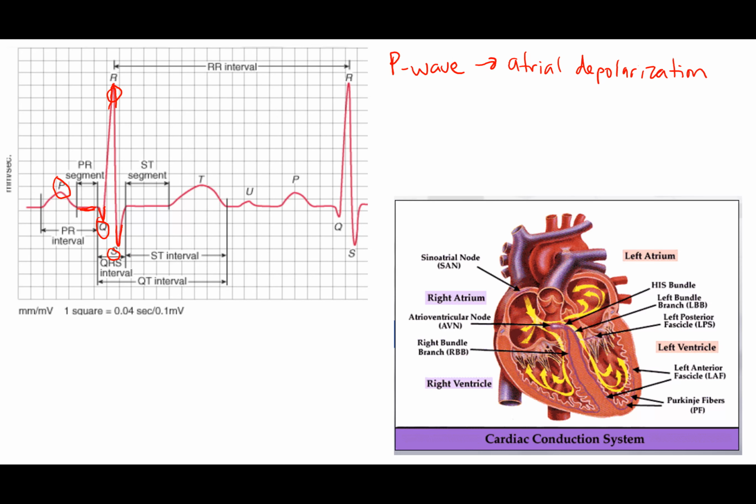You don't always see all 3 of those deflections on every ECG, but here, so that we can talk about them, they're all present. So the first downward deflection is a Q, the first upward deflection is an R, and the second downward deflection is an S. So we call this the QRS complex. And if we're thinking about the electricity of the heart, the first big electrical event is atrial depolarization. The next big electrical event would be ventricular depolarization, right?